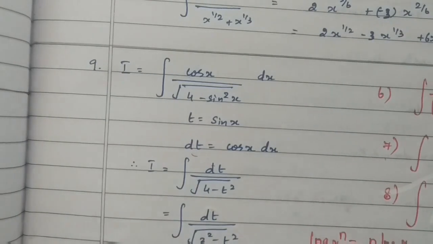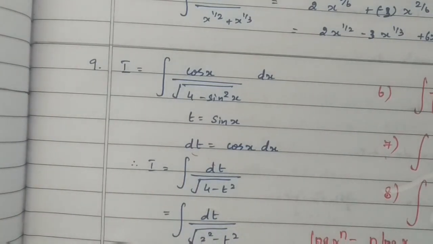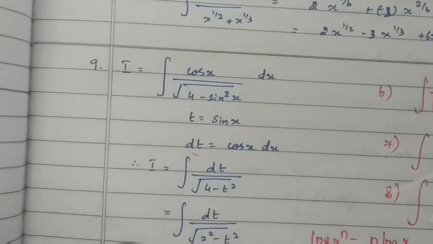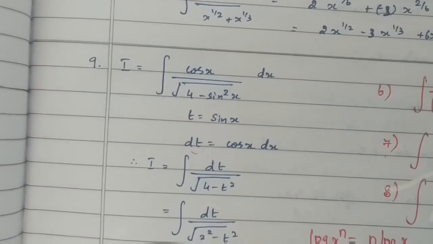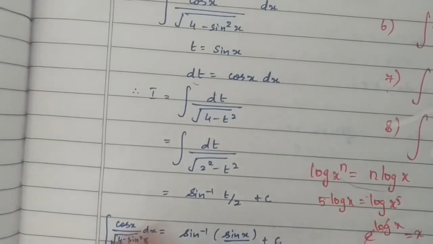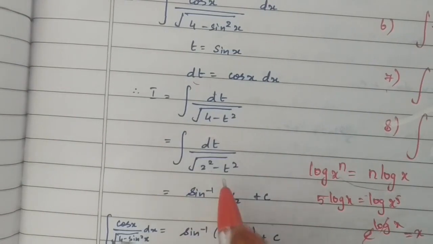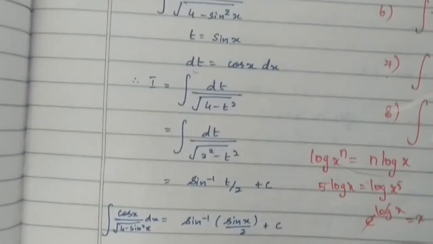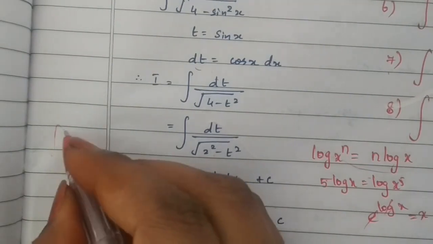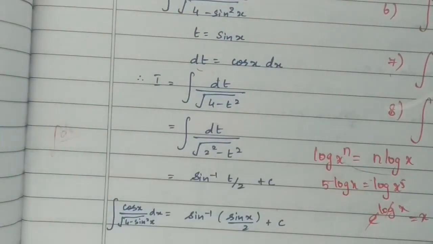This is of the form integral over dx divided by root of a squared minus x squared, which is nothing but sin inverse of x by a. Therefore, this 4 can be written as 2 squared. Write the formula: integral over dx divided by root of a squared minus x squared is sin inverse of x by a.